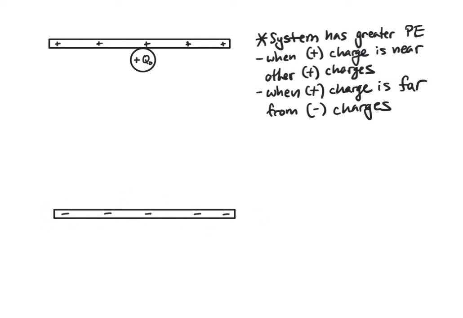And you can remember that like this. When our positive charge is up here near the other positive charges, it's experiencing a force away from the positive charges, and those charges can push it away for a very great distance. And in fact, if this negative plate weren't even here, it could keep on being repelled away, and it would in fact never stop.